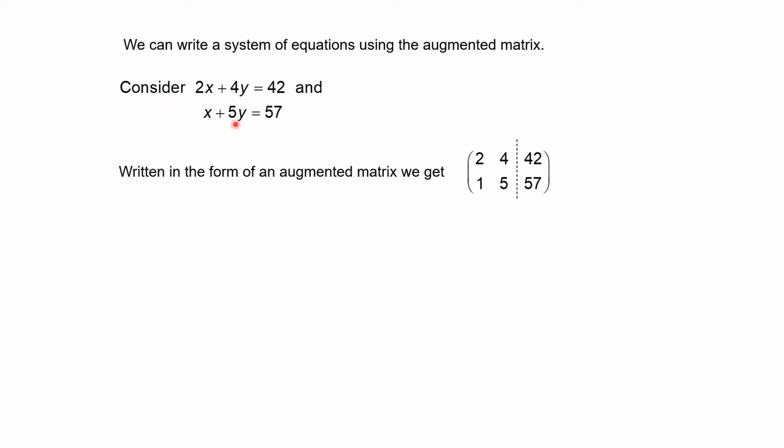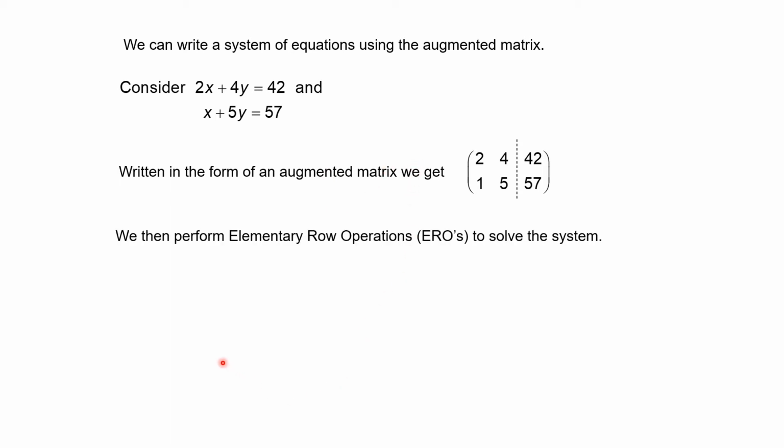The right hand side is the values 42 and 57, what the first and second equations equal to. The dotted line represents the equals sign, and then you need to perform elementary row operation to solve the system.